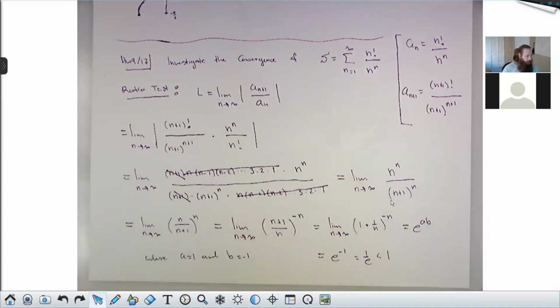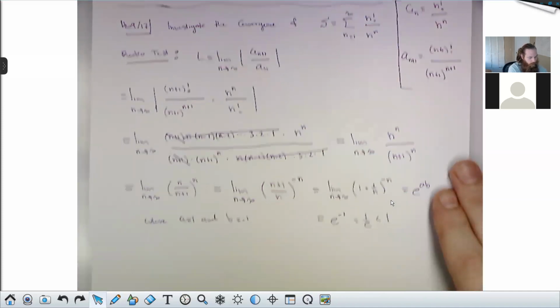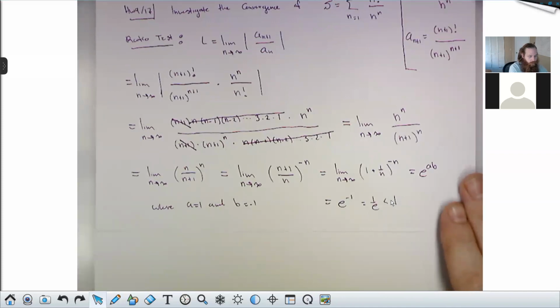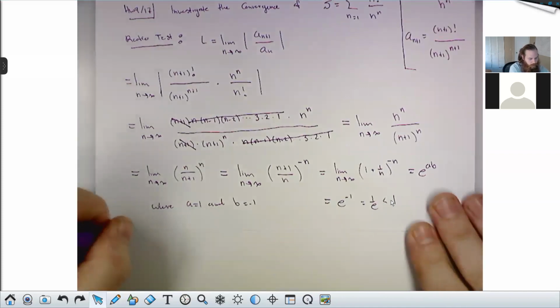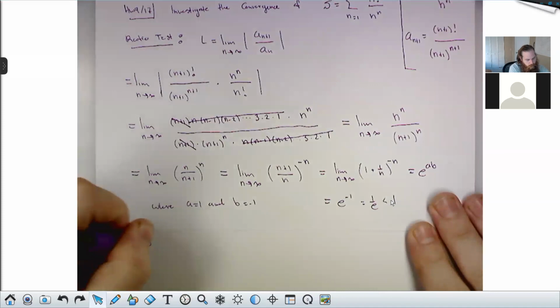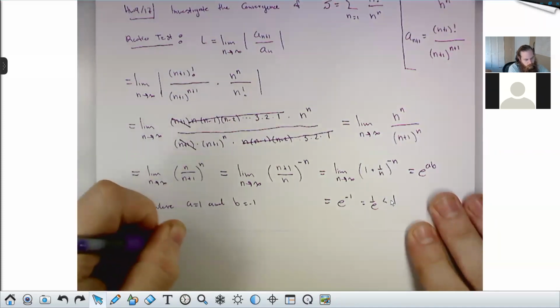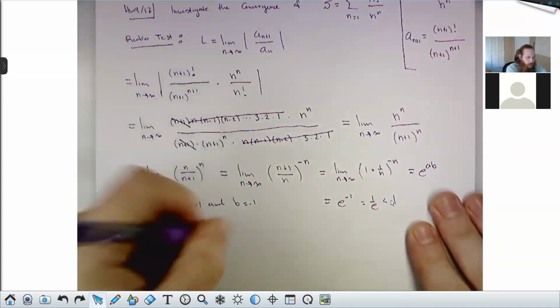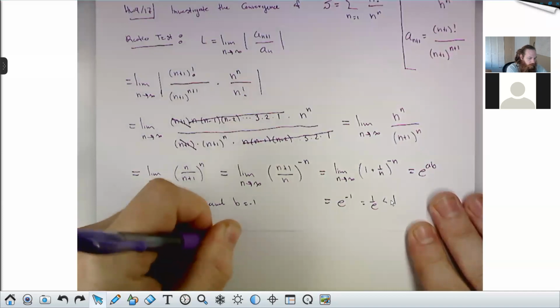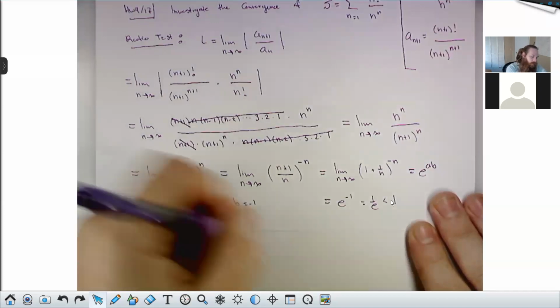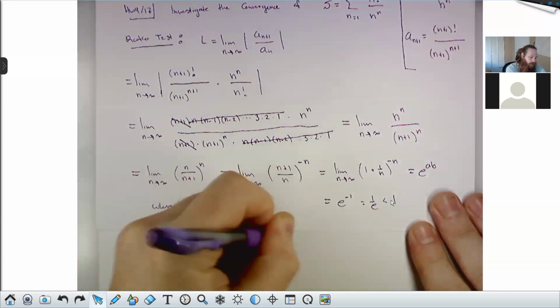Which tells me that the series in question not only converges, but converges absolutely by the ratio test.